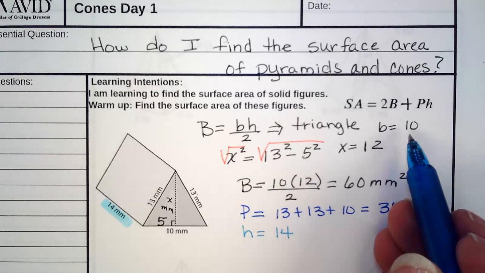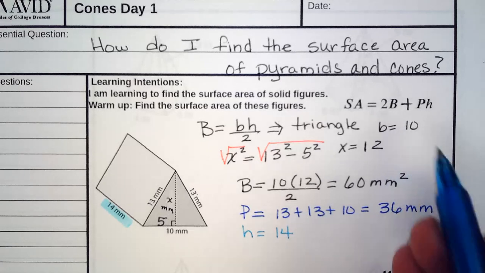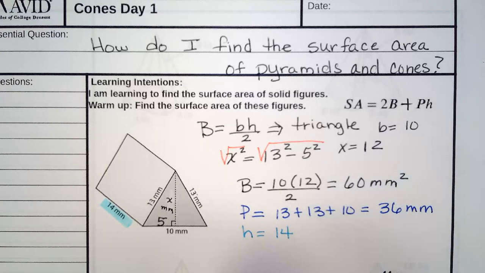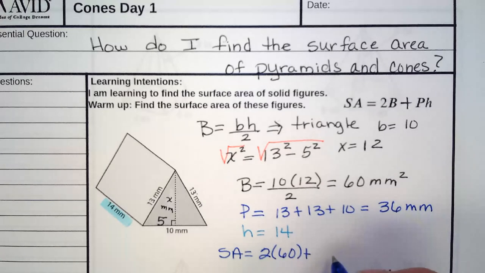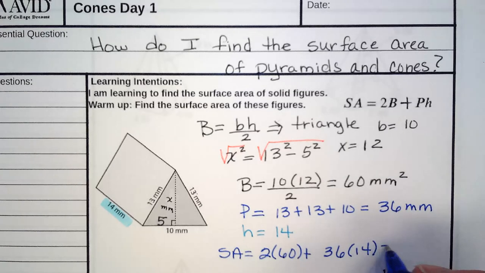Now here's my formula. Let's put it all together. So my surface area is 2 times my base, 2 times 60, plus my perimeter, 36, times my height, which is 14.